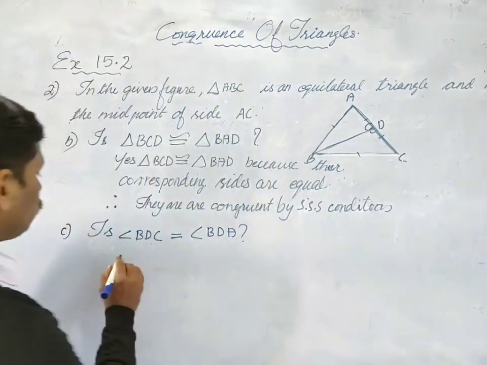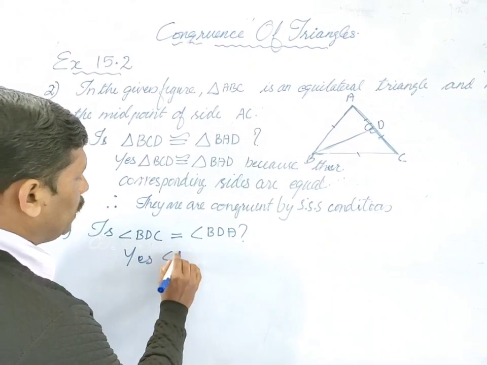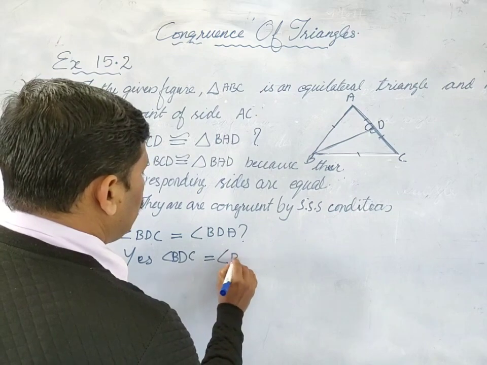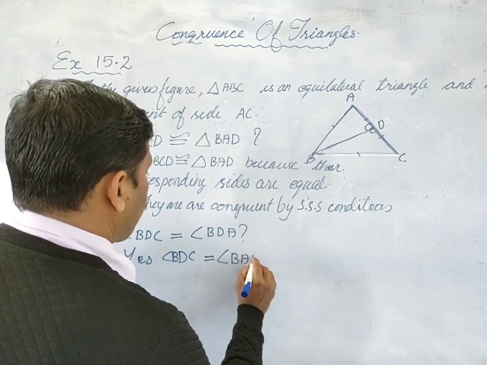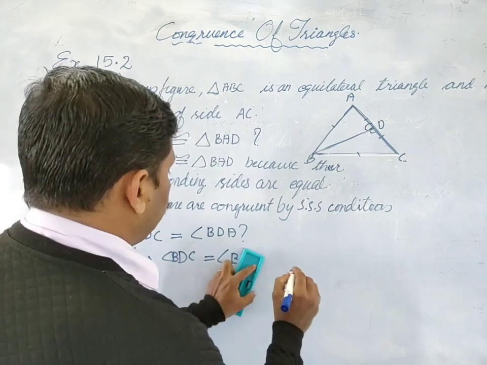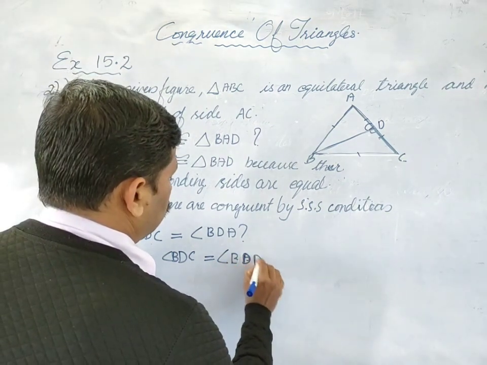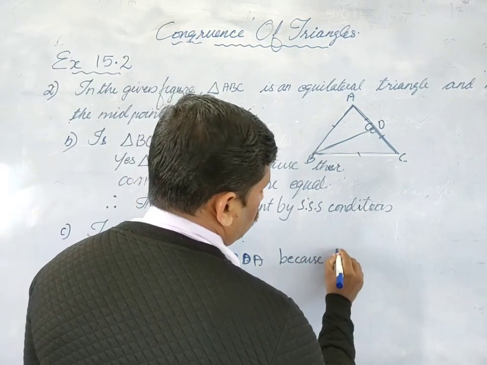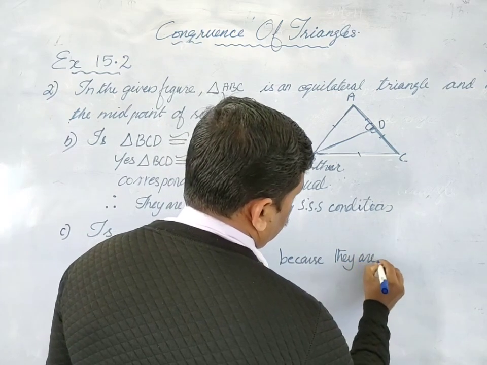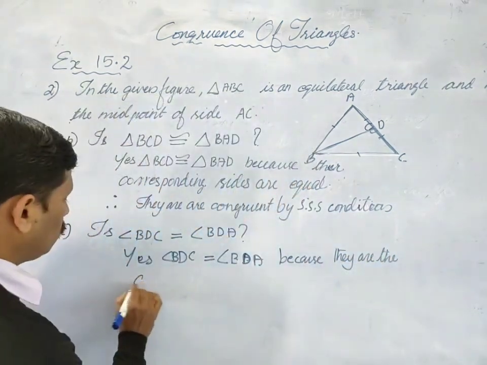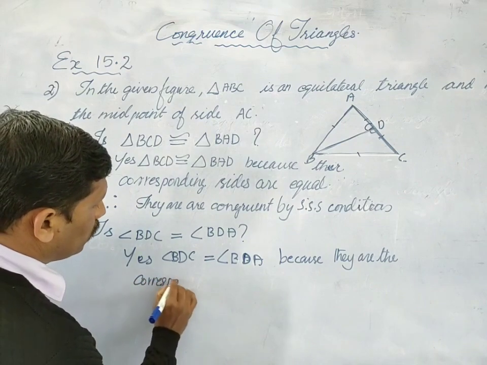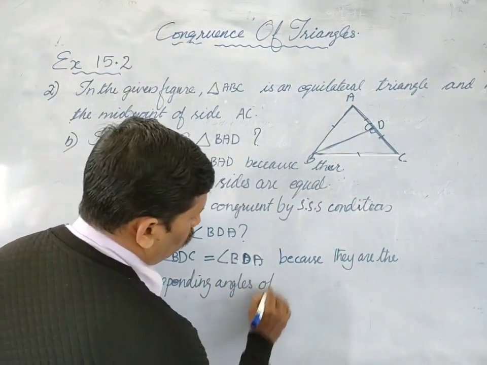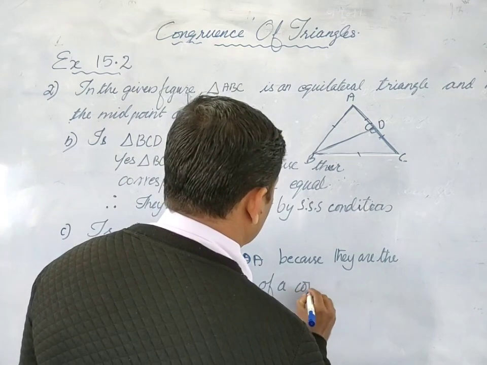So we can write that yes, angle BDC is equal to angle BDA because they are the corresponding angles of a congruent triangle.